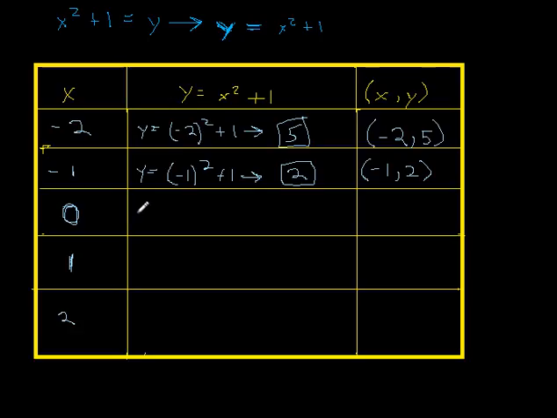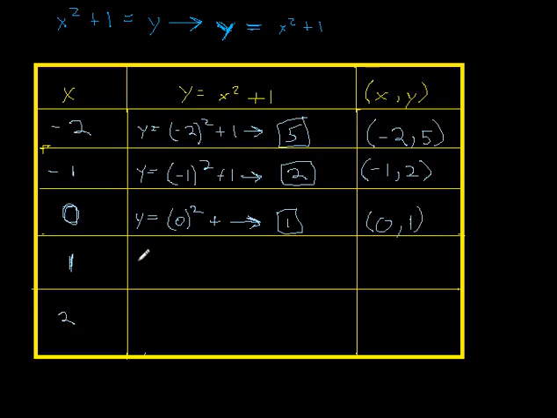And my next one here, I have y equals 0 squared, which is 0, plus 1. Well, that's going to be 1. So 1, and we do a square here just to show that that's the value. And so now for your ordered pair, you've got 0, and not a -1, but a +1.